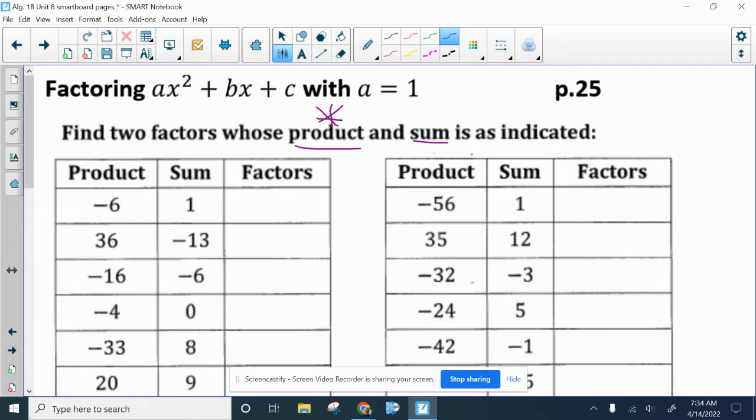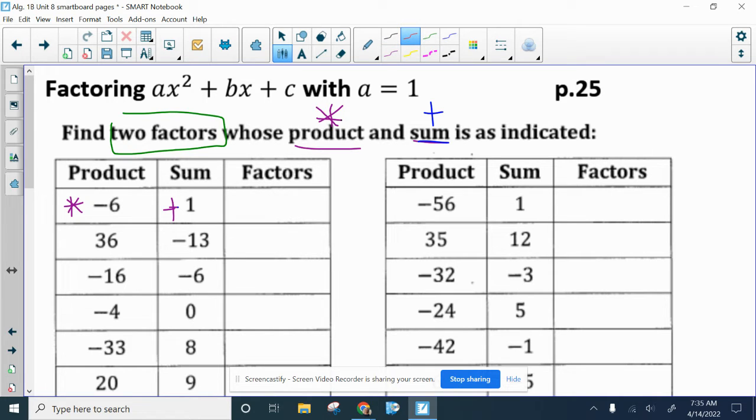Sum means what? Addition. So we're going to be looking for two factors, in other words, two numbers, that have a product of -6 and a sum of +1.